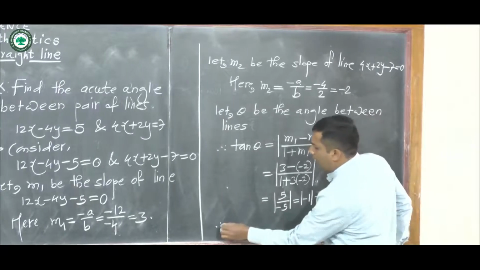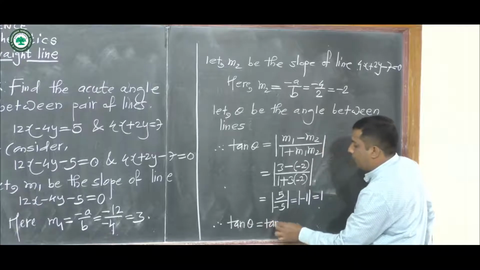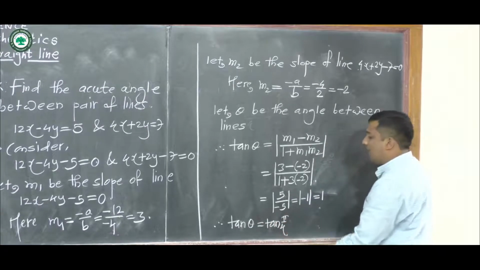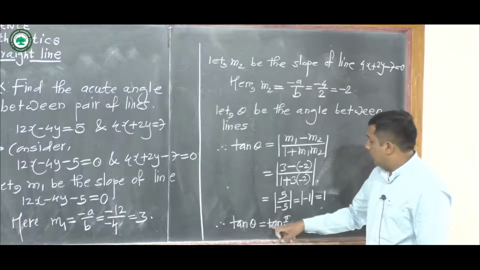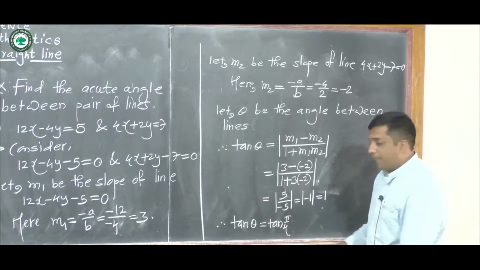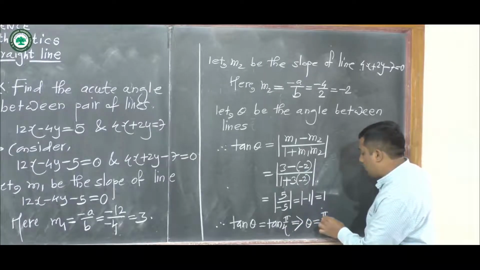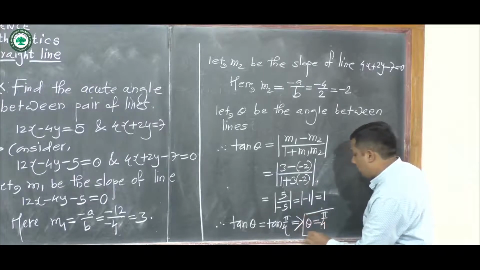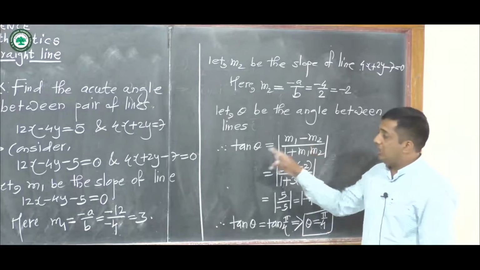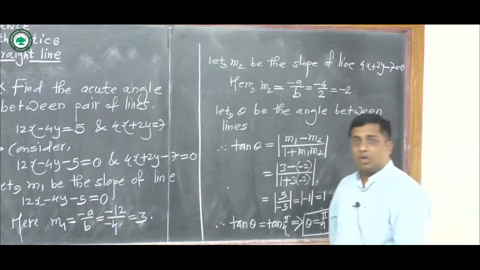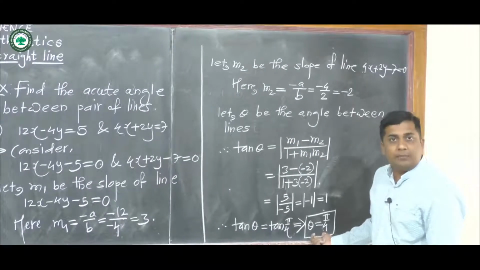Now we know 1 is tan pi by 4, so we write this 1 in the form of tan. So tan theta is equal to tan pi by 4. If we compare these two, we get theta is equal to pi by 4.